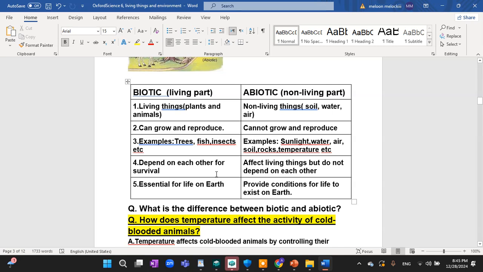Biotic parts depend on each other for survival, while the abiotic part, which includes non-living things, affects living things but does not depend on each other. And they provide conditions for life to exist on Earth.